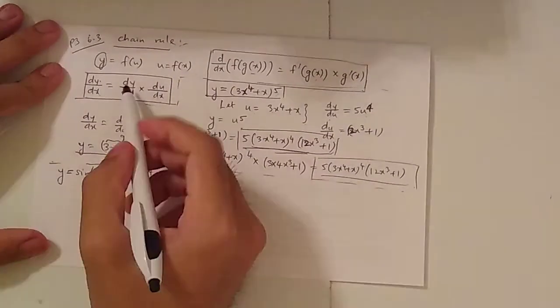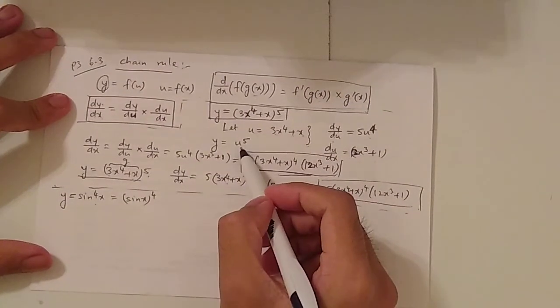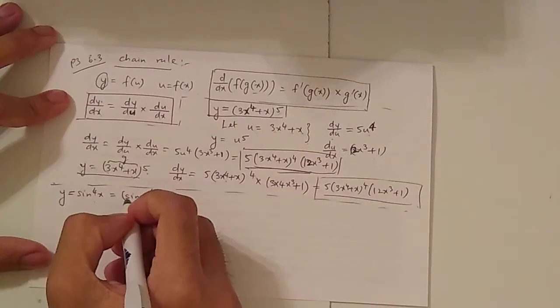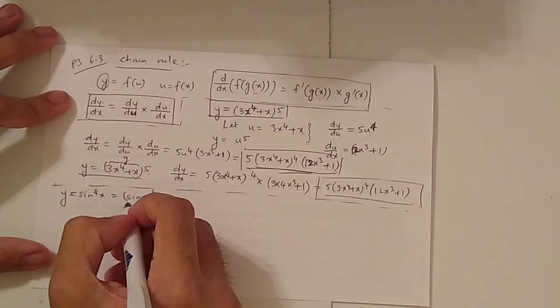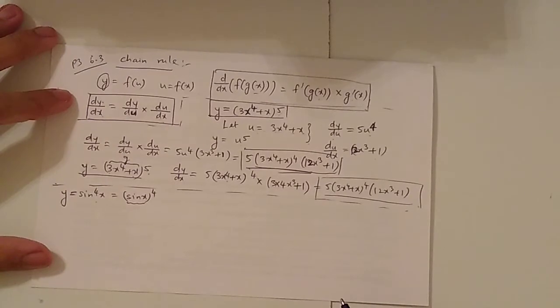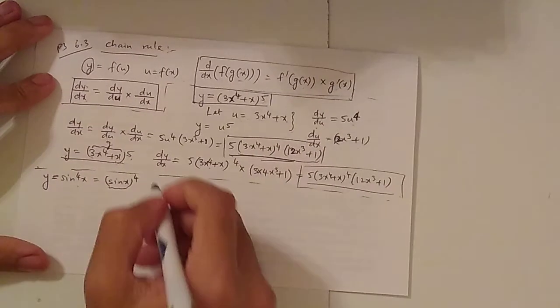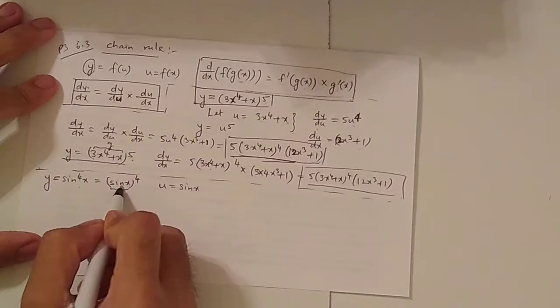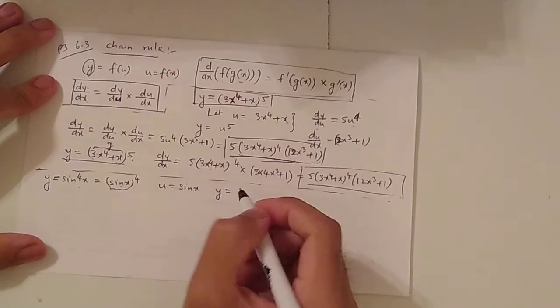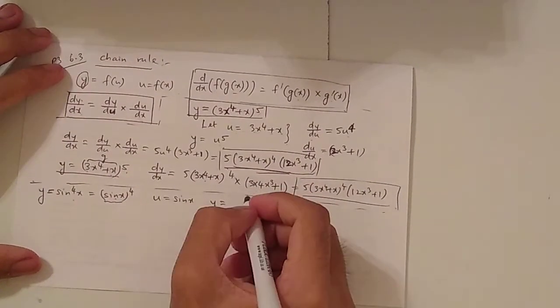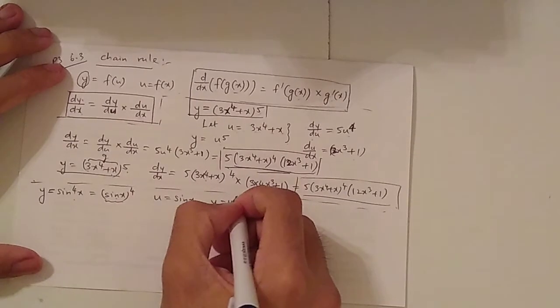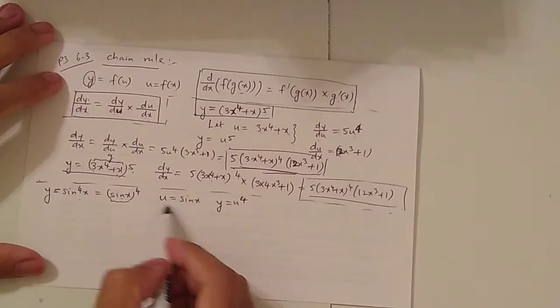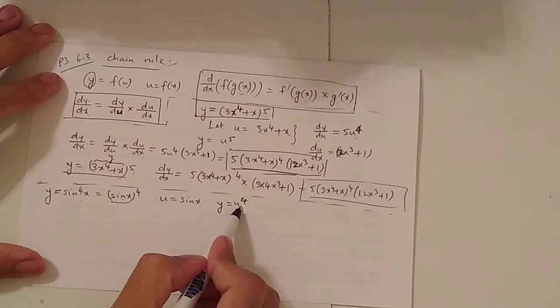The first method is using a substitution u. So the substitution u in this case is going to be the function inside the bracket, sine x. So let u equal sine x. If u equals sine x, then y is equal to u raised to 4.